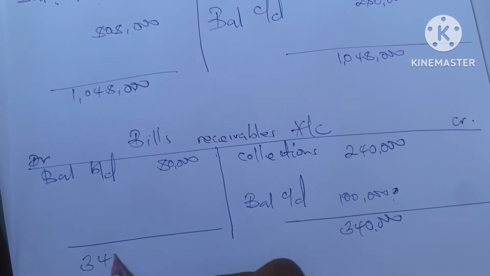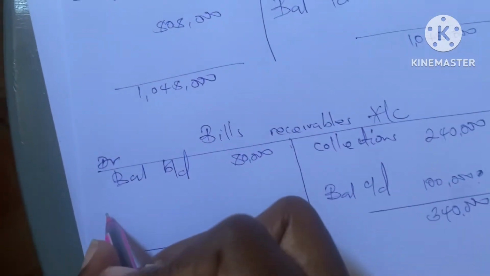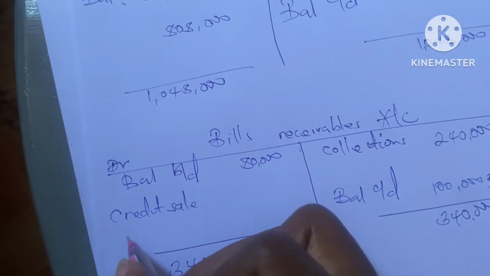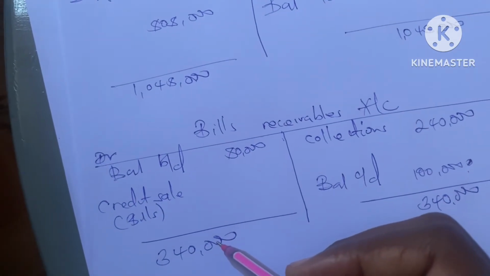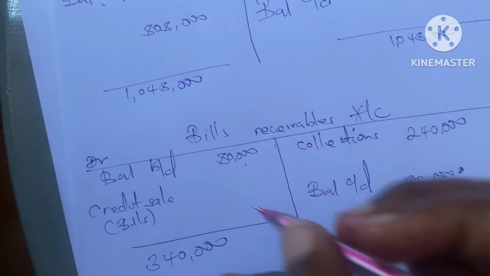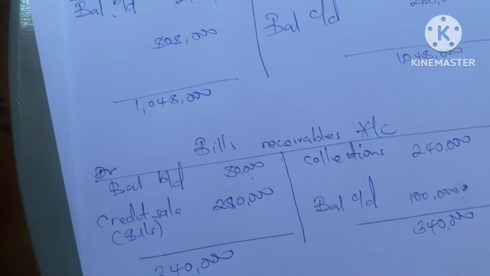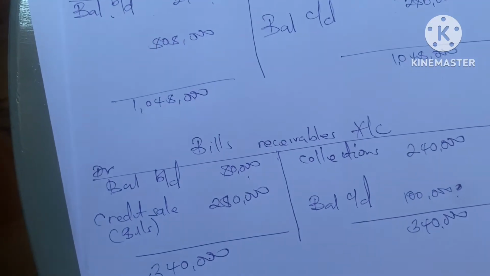So 340,000 minus 80, what you get is the credit sales, but for bills. So 340 minus 80, what you get is 280.